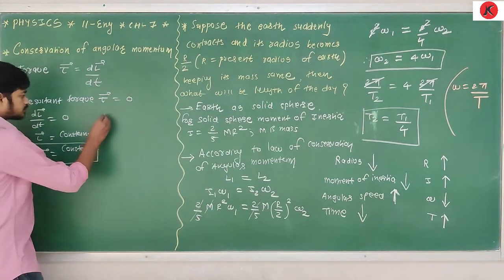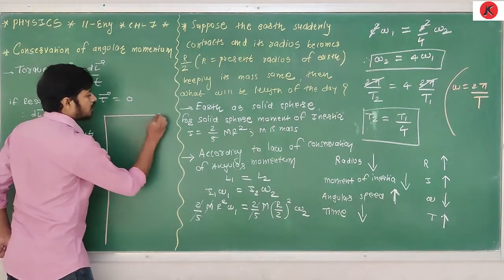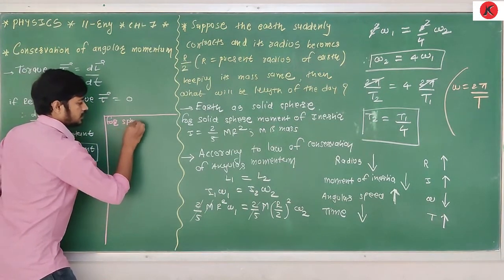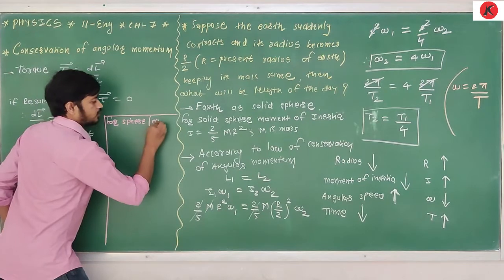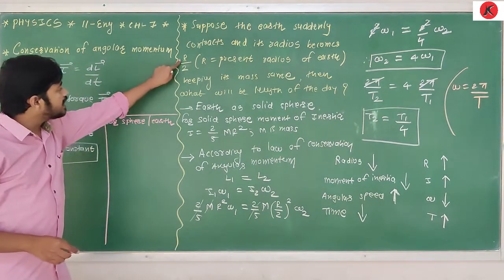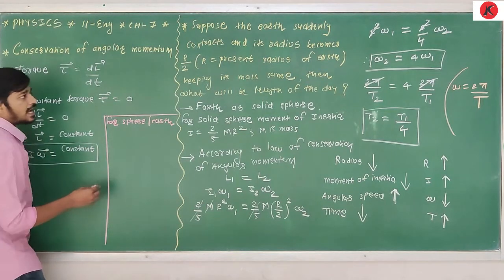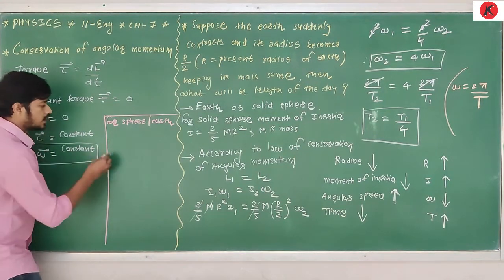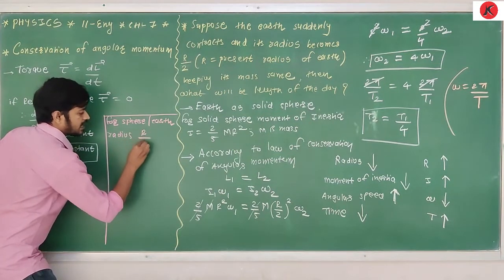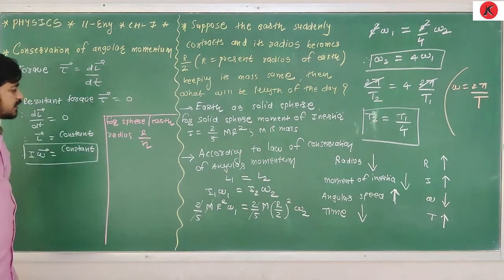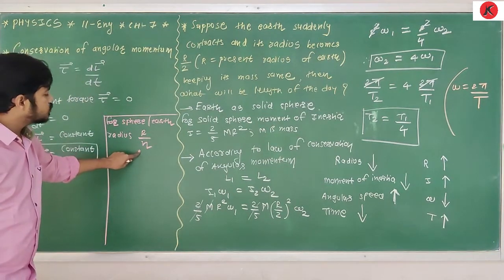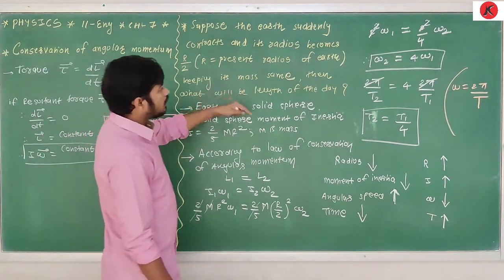So for such cases, for the earth or for a sphere, see here, if radius becomes r/2, I am writing the general equation. If radius becomes r/n, where 2 is replaced by n, then what about angular speed?